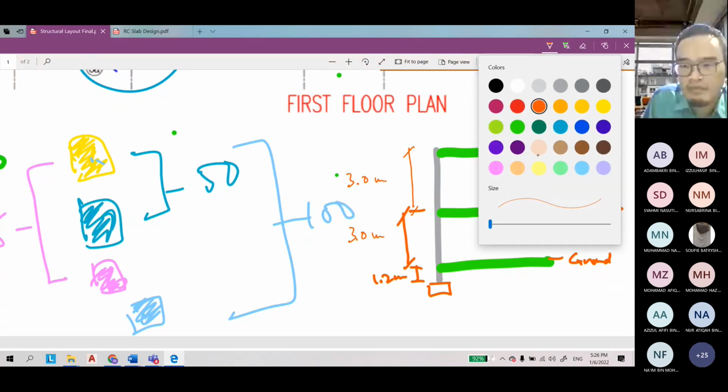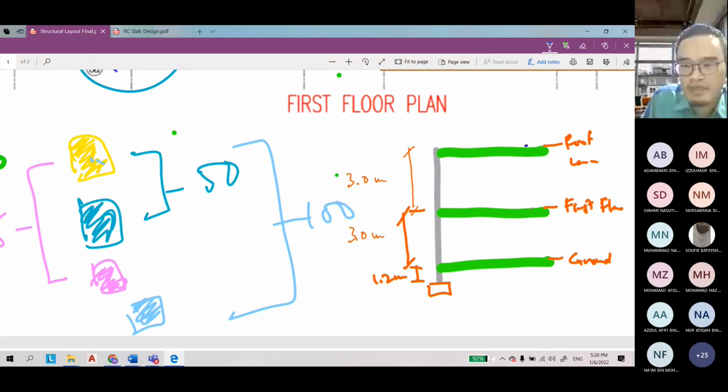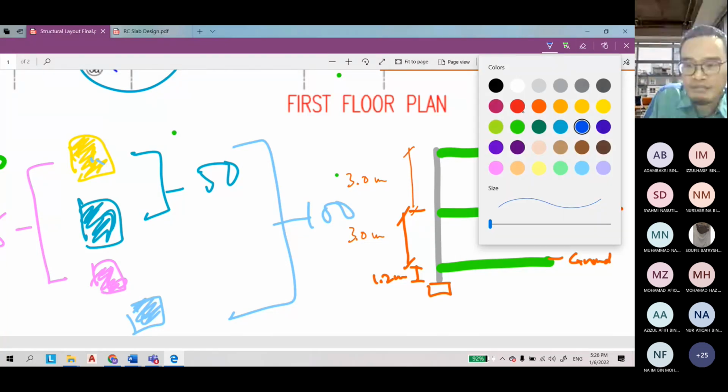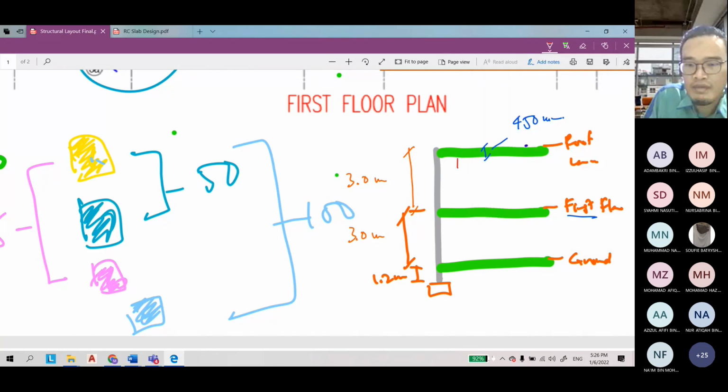However, you have the beam. I'm talking about the first floor. The roof beam here, just assume as 450 mm. So what is the clear length? Here is the clear length.